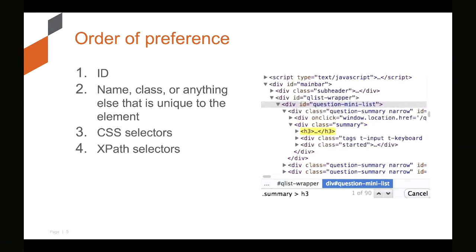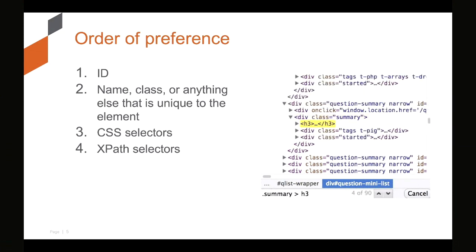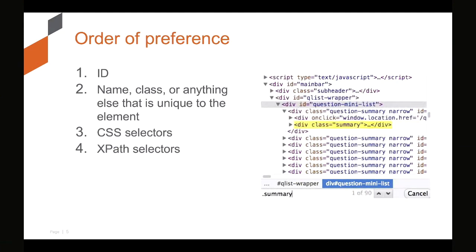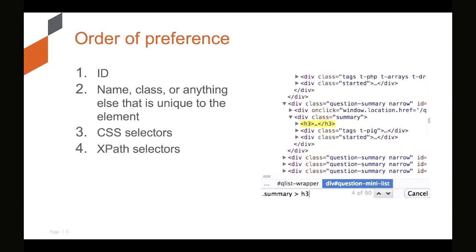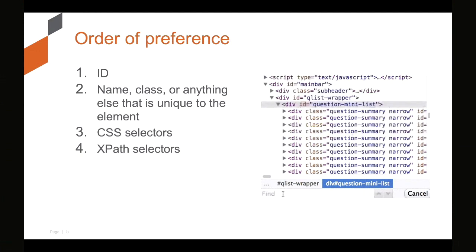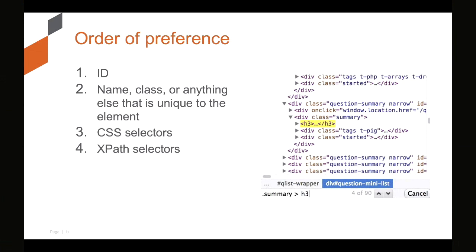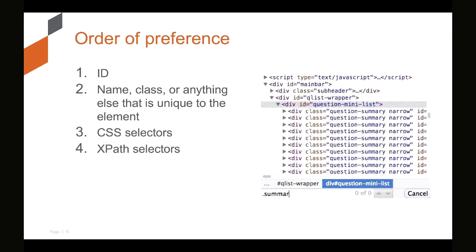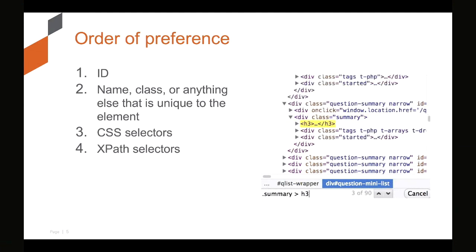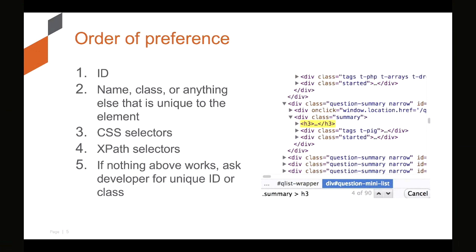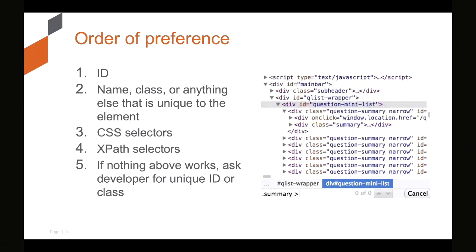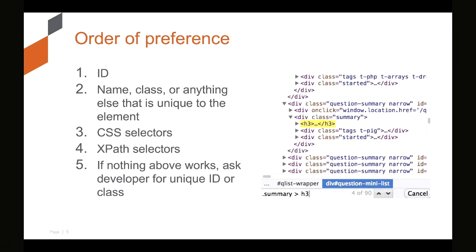The reason why we have placed CSS over XPath is something that I'll be explaining in the next slide. CSS and XPath are a part of the same category because they use combinations. They're a little more complex than the first and the second one. If nothing above works, you can always ask a developer for a unique ID or a class.